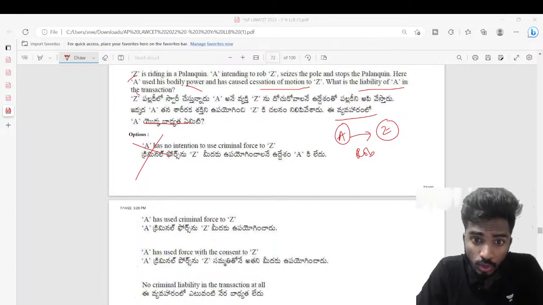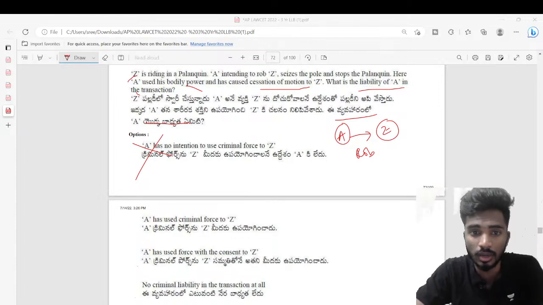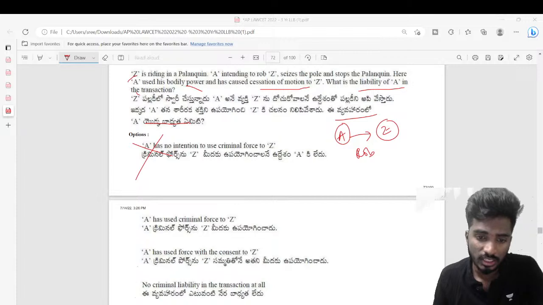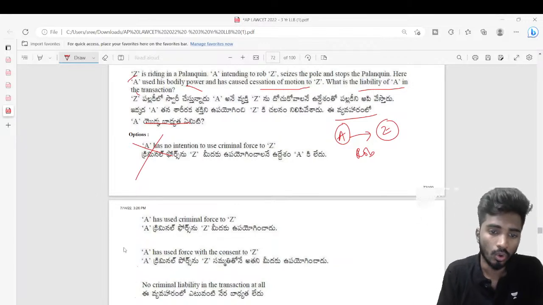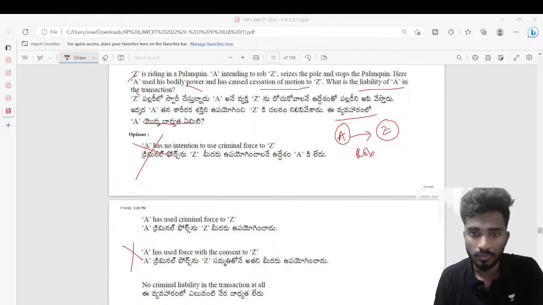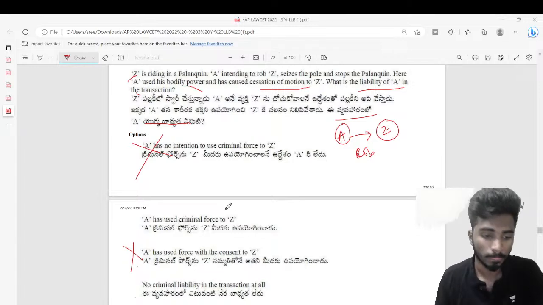So A has used force with the consent of Z. Z ఎక్కడైనా పర్మిషన్ ఇచ్చిండా నా మీద ఫోర్స్ యూజ్ చేయని? Is it given anywhere? No, right? So when there is a clear intention and when he already used a force, it is very clear that A has used criminal force to Z.